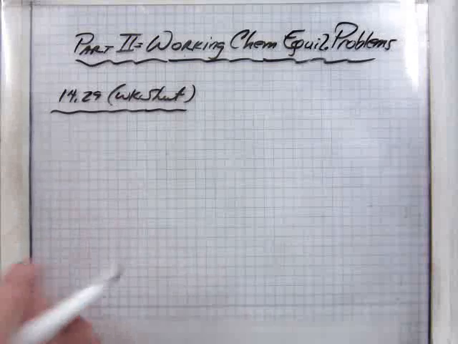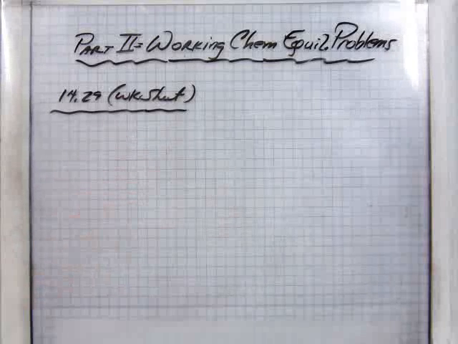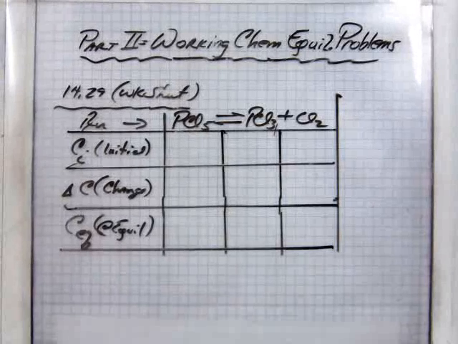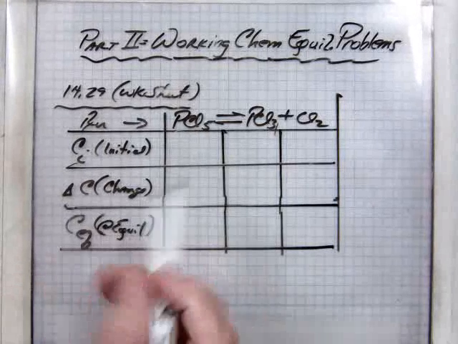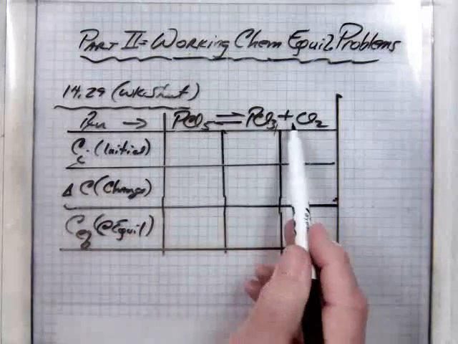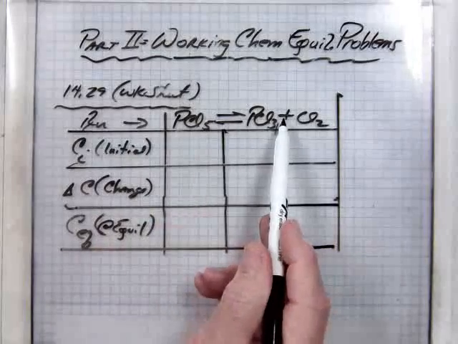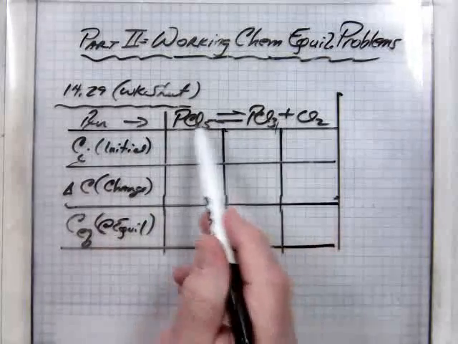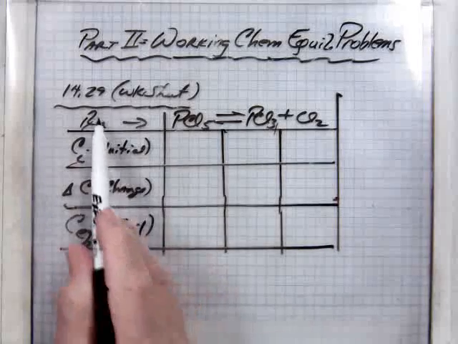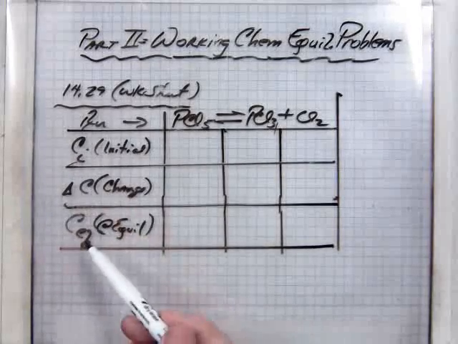The ice table is set up like this. Let me make this larger. Start out with the reaction written over here, and whatever number of components you have, you have that many columns, and then you have the rows: initial, change, equilibrium.